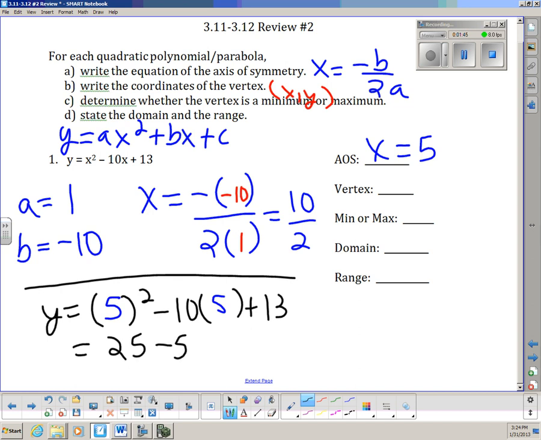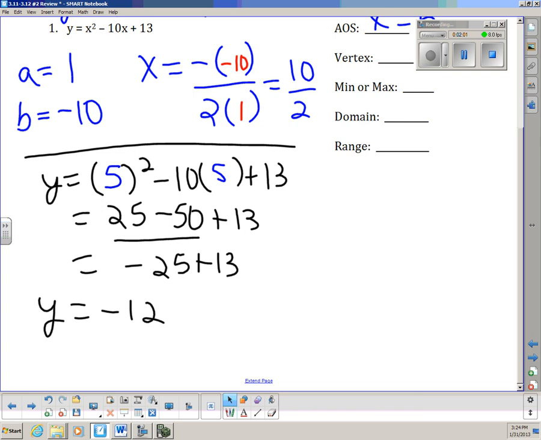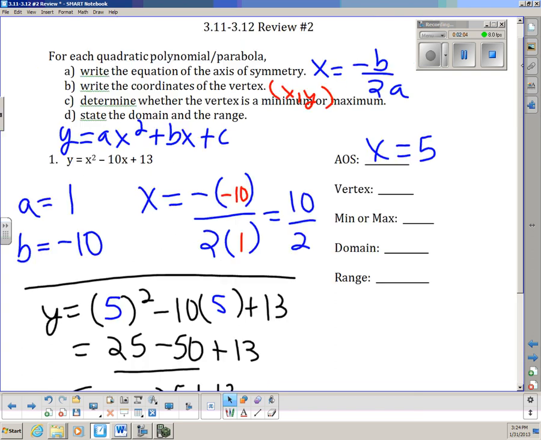Minus 10 times 5 is minus 50 plus 13. When you keep going, you get negative 25 plus 13. And when you finally finish everything, you get y to be negative 12. So your vertex then is the ordered pair of the x coordinate, which was 5, and the y coordinate, negative 12.